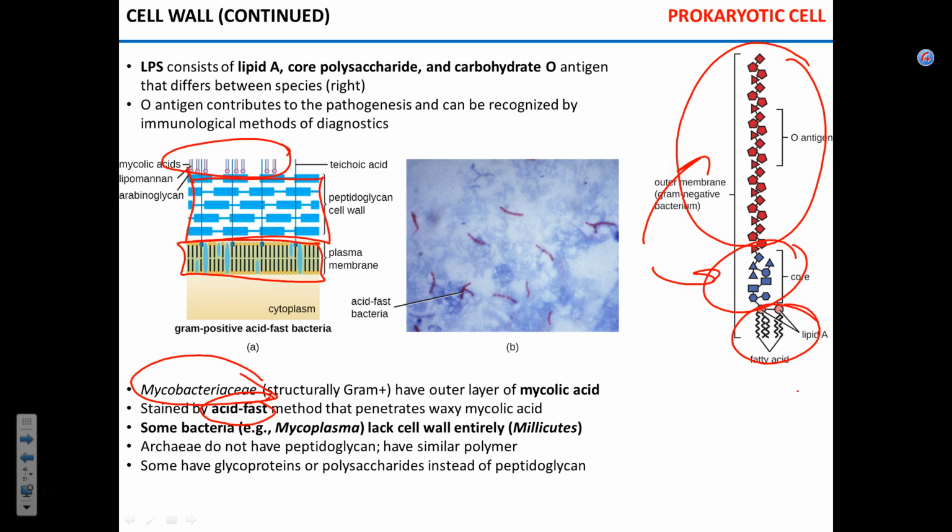Now, we call them acid-fast because to identify mycobacteria we use acid-fast staining. You can see the red acid-fast bacteria in this micrograph. Three important species that I will mention in relation to mycobacterial infections.